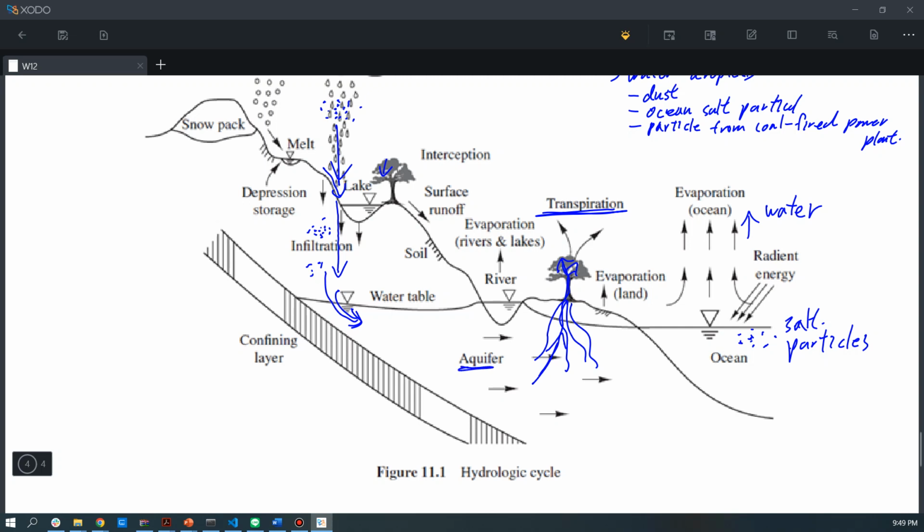And for the aquifer, it can either dissolve the nutrient inside the soil or transport the water with dissolved nutrient to other places.